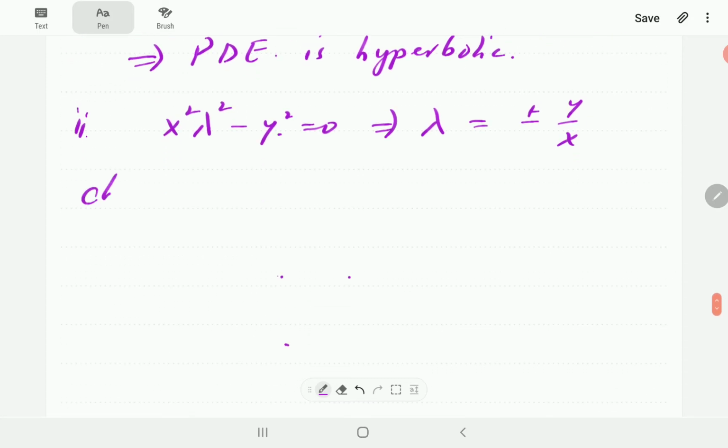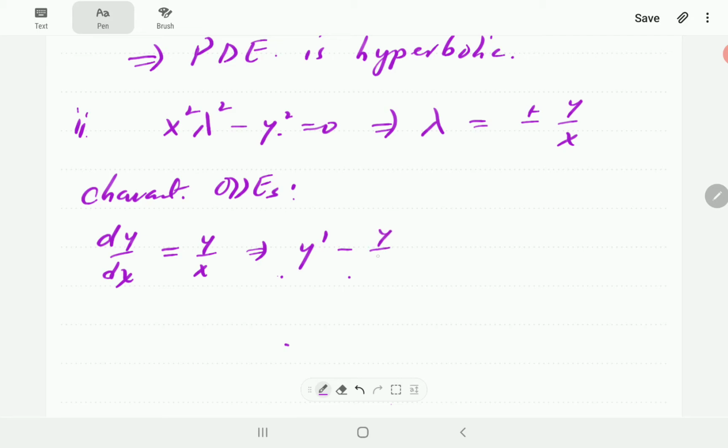Then the characteristic ODEs, there's going to be two of them. The first one is going to be dy dx equal to y over x. So this is the same as y prime minus y over x equal to 0.